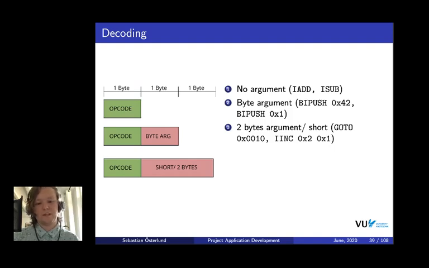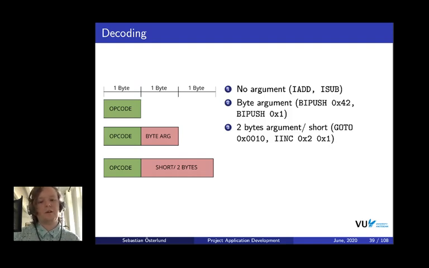Then you have instructions that have a byte argument format. The instruction starts with a certain opcode, and then it is followed by another byte, like an argument. An example of this is the bipush instruction, which is similar to what we already looked at in the RPN calculator.